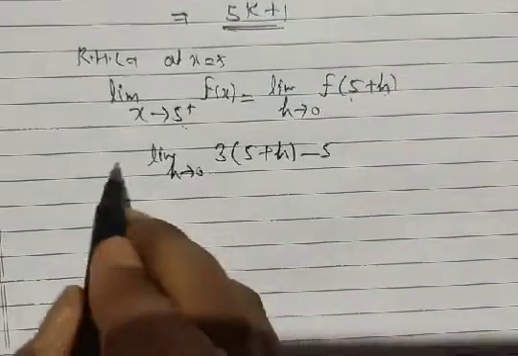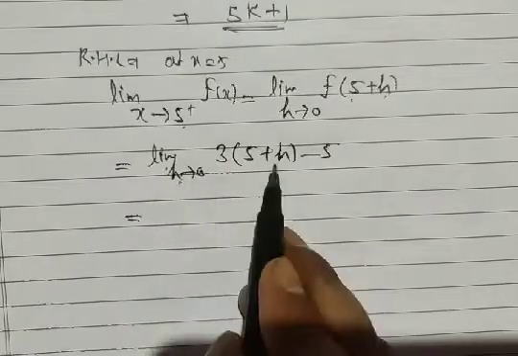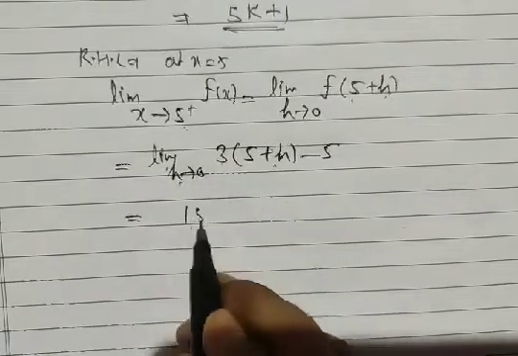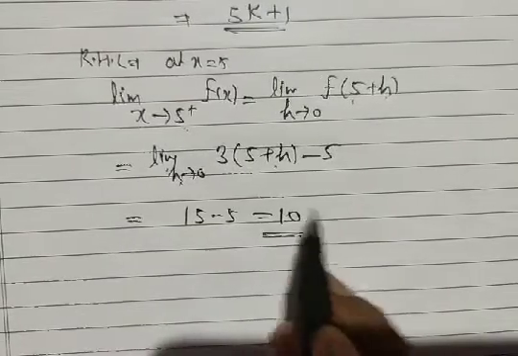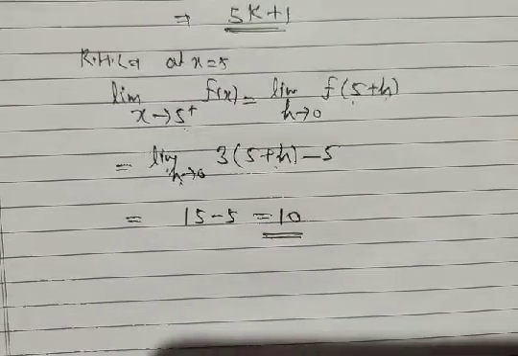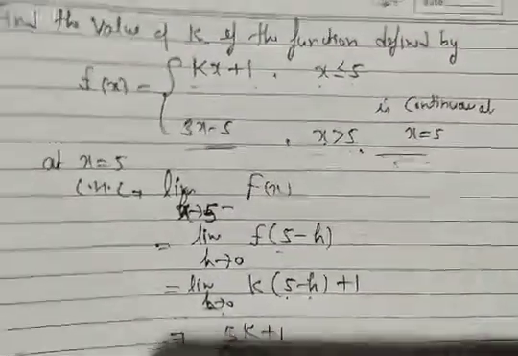Then what we have, when our limit h tends to 0, we get 15 minus 5, the limiting value is 10. Now in the problem it is given that this function is continuous at x equal to 5.